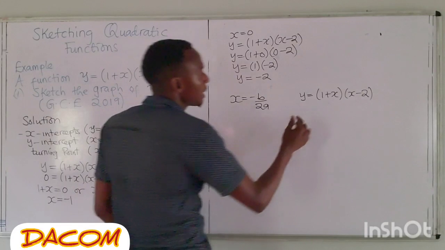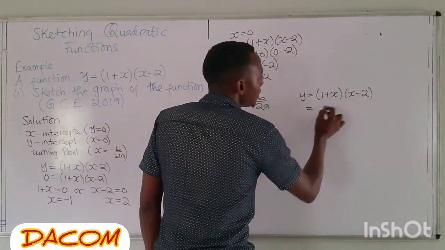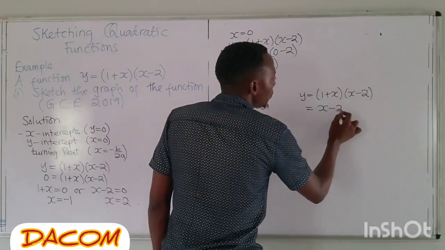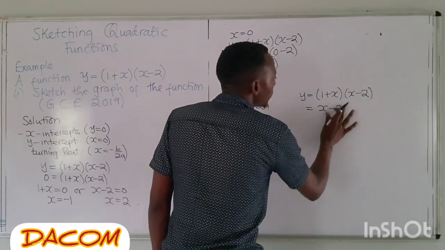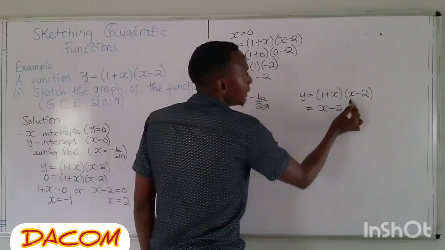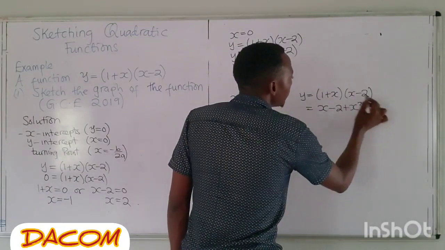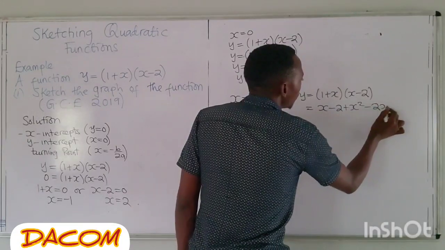How are we going to do that? 1 times x is x, 1 times negative 2 is negative 2. Then x times x is positive x squared, and x times negative 2 is negative 2x.